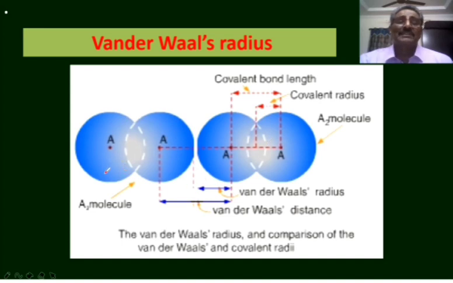For example, this is an A2 molecule, this is another A2 molecule. One A2 molecule is a homogeneous diatomic molecule, and the other is another homogeneous diatomic molecule, like chlorine. Suppose this is a chlorine molecule and this is another chlorine molecule.